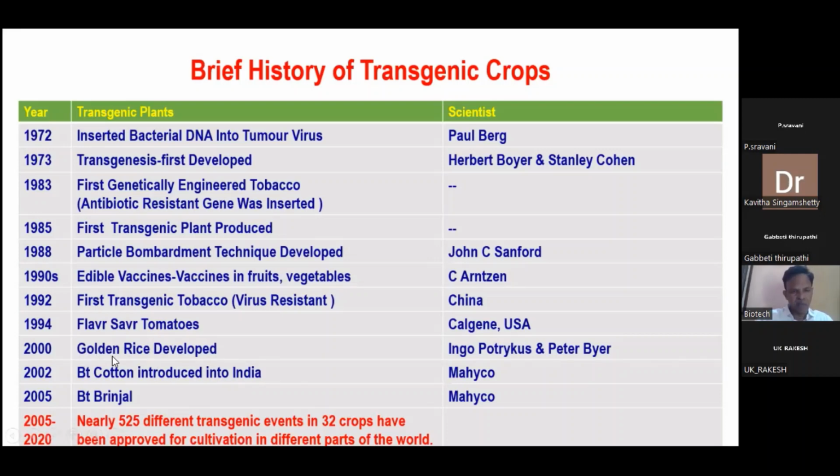And then in 2000, we have golden rice developed. This is again by Ingo Potrykus. And then in 2002, we have BT cotton introduced into India. This is by Mahyco, Maharashtra Hybrid Seed Company.